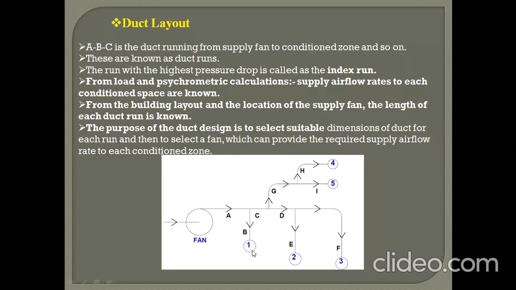The load calculation of room 1, room 2, room 3 gives you the actual flow rate of conditioned air required to condition each room. And from the building layout and location of the supply fan, the length of each duct run is also known. For the office building, from the layout, you know the distance from fan to room 1, fan to room 2, fan to room 3, 4, 5.